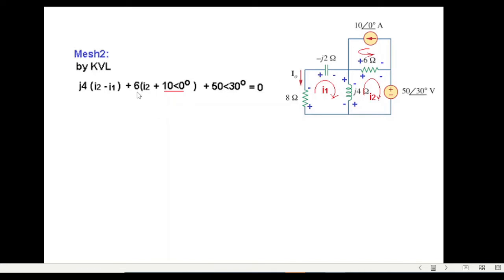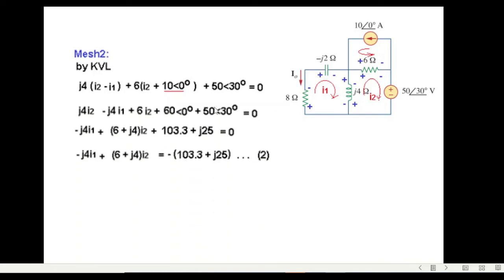So 6 into I2, minus, but plus, because they both have the same direction. This is also making it plus and this is also making it plus, and therefore we'll add. So I2 plus 10 ampere, and then this 50 angle 30. Simplifying this, we get the second equation.